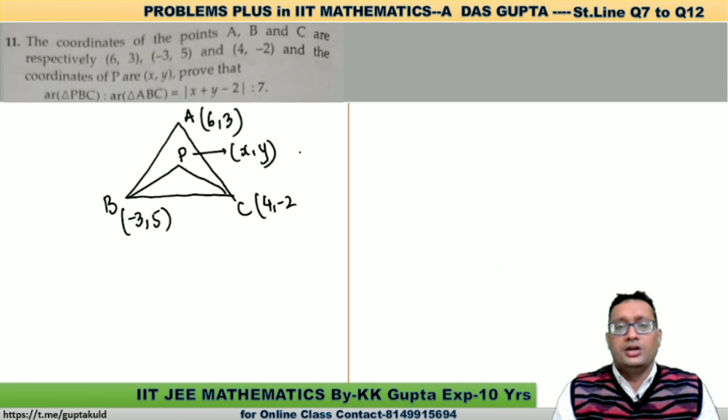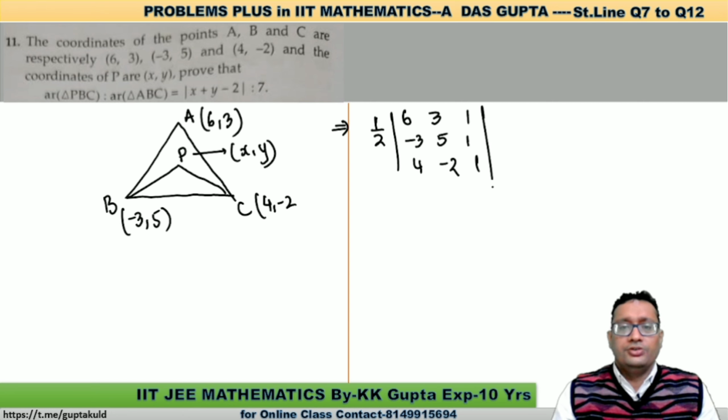If we remember the area formula, the area of ABC will become the determinant with rows x, y, 1. So first I am taking 6 3 1, minus 3 5 1 and this becomes 4 minus 2 and 1. This is the area of triangle ABC.